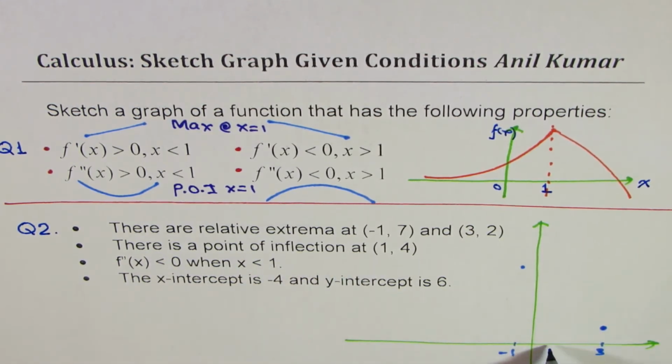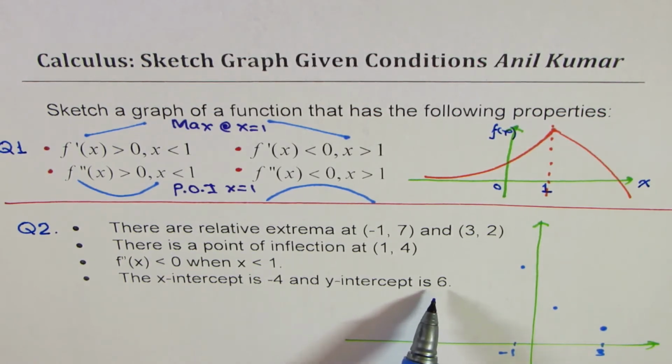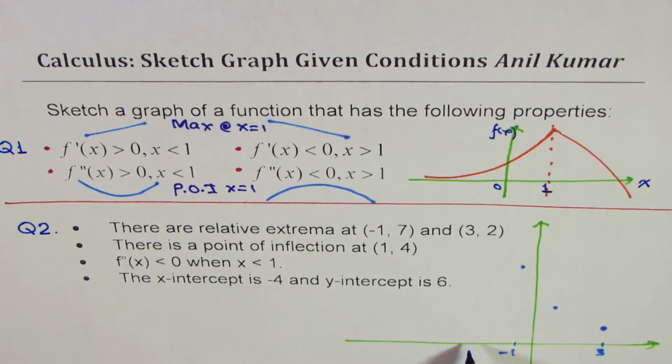So this is the point of inflection. We're just marking the points at present. We are also given that x-intercept is at minus 4 and y-intercept is at 6. So somewhere here the graph can cross, that could be 6, and the negative side is right there. That's very clear.